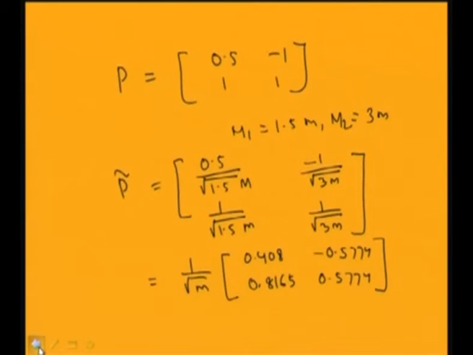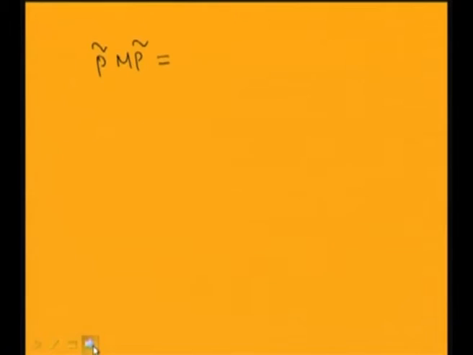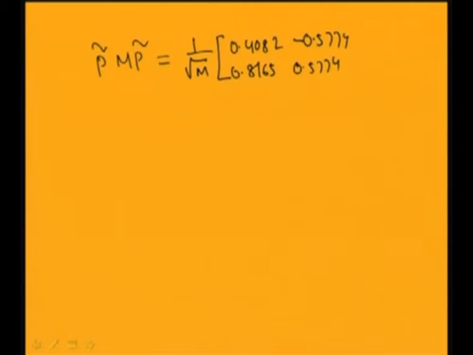P weighted modal matrix transpose M P equal to I. The P weighted modal matrix we have already obtained equal to 1 by root over m, [0.4082, 0.8165; -0.5774, 0.5774].